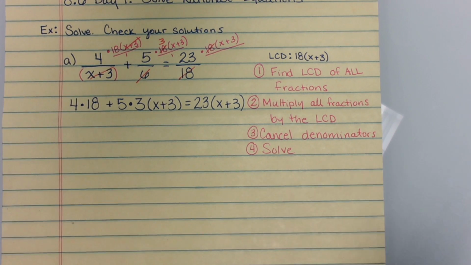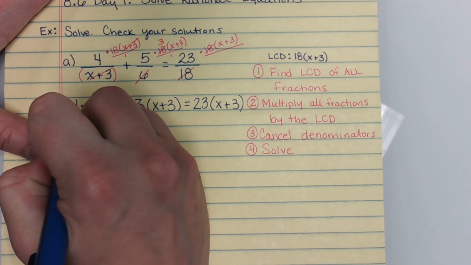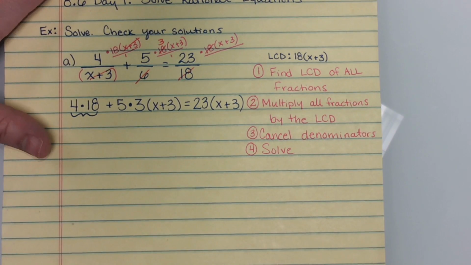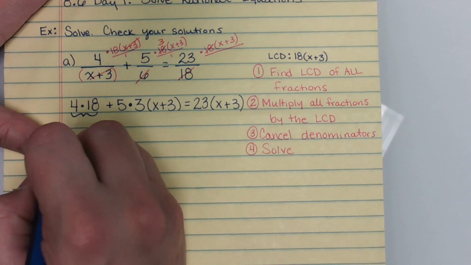Simplify. Simplify what we can. 4 gets multiplied by 18, giving me 72.